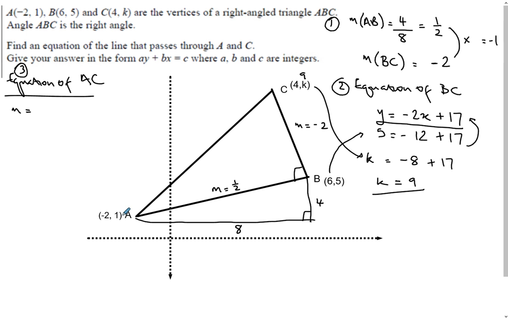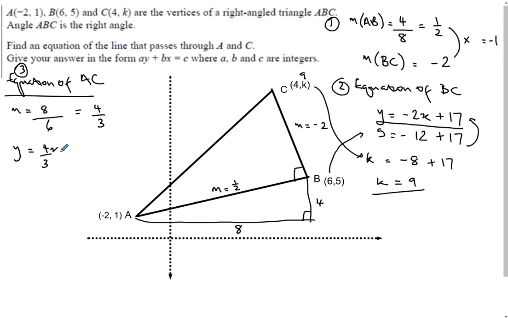So how much did it go from 1 to 9, which was 8, divided by how much did it go from your x, -2 to 4, which is 6. So that would be 4/3. I'll just leave it like that for the moment, and then we'll convert it into a mixed number. So we've got y equals 4/3 x.